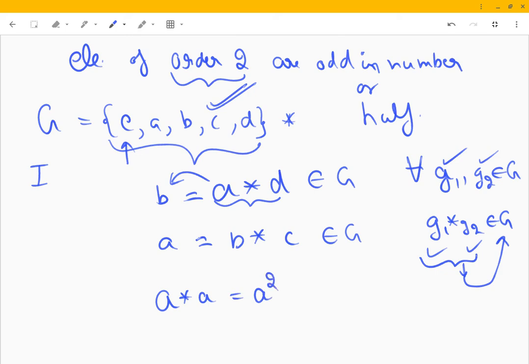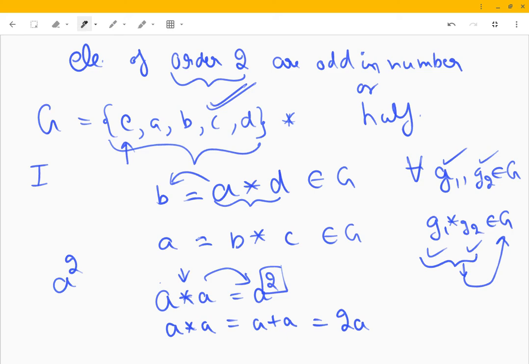Also, if the operation is addition, then A star A means A plus A, which means 2A and not A square. These elements are just written as A square, irrespective of what the operation is, but it does not mean 2 as the exponent of A. Be careful about this.